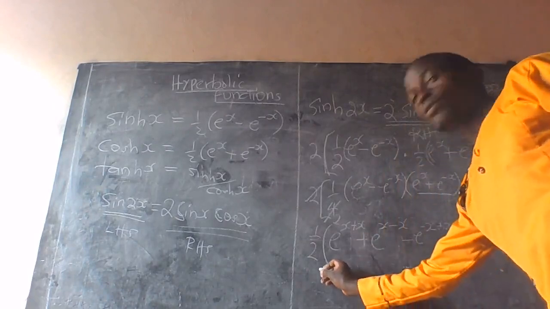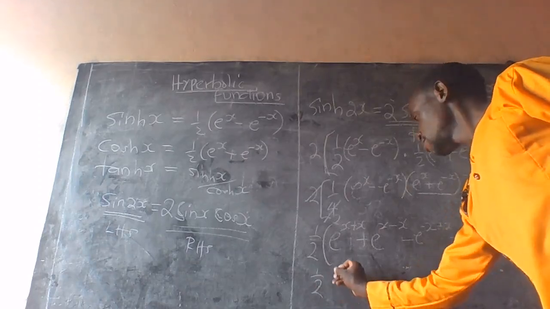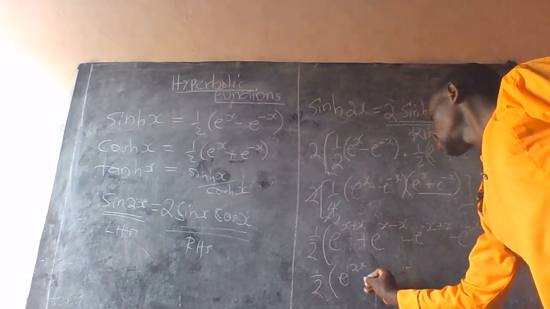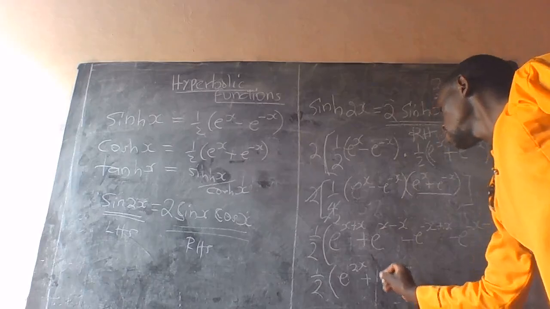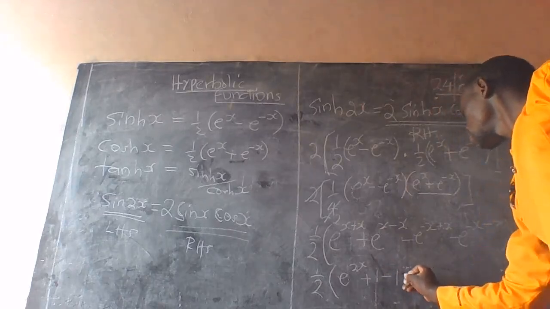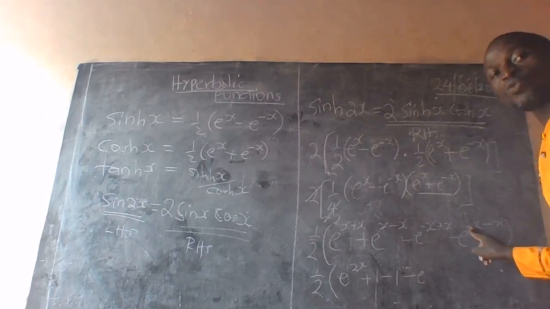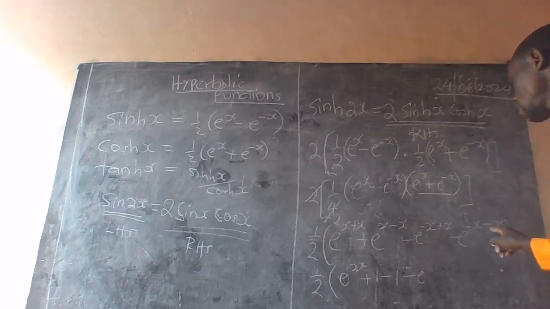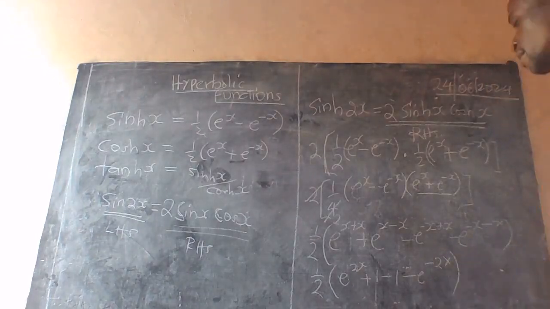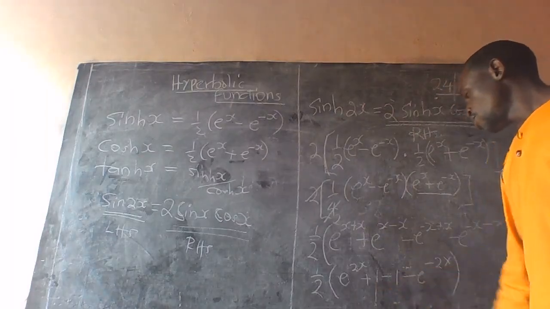So class, we're going to have a half, e to the 2x plus 1 minus 1 minus e to the negative 2x. Close the bracket. So you see minus 1 crosses out to give you 0.